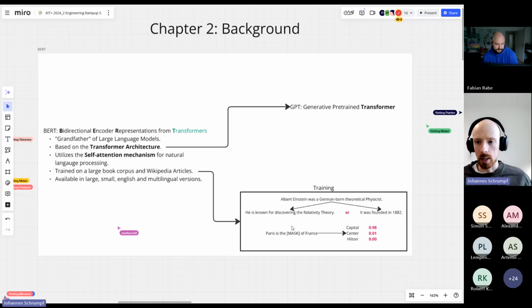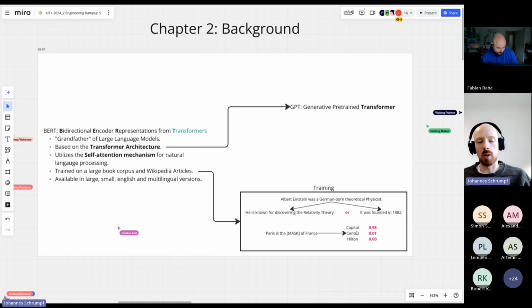And the other training strategy that is being used for training BERT is to simply give it a sentence and mask out a word or a token in this sentence. So for example, here we have the sentence, "Paris is the blank of France." And then the model is supposed to give you an answer to what word is missing.